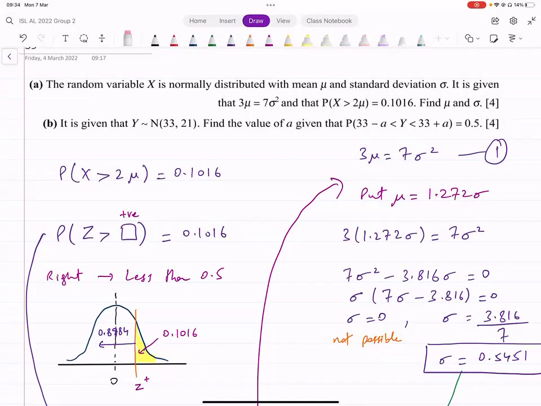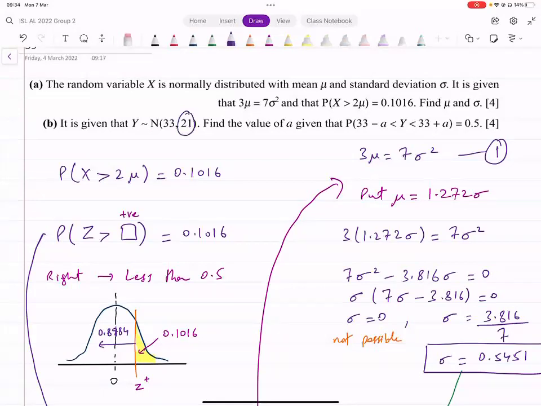Go there. Now it is given that y is normally distributed with mean 33 and 21. What's 21? Abdullah and Momin. 21 क्या चीज़ है?